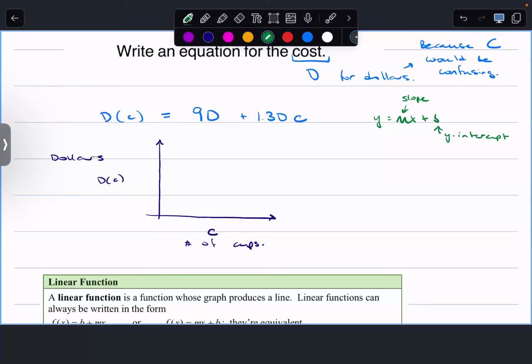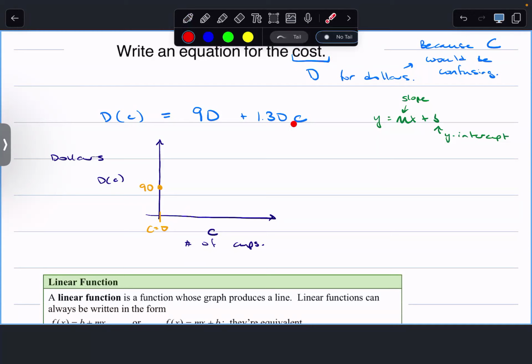So if we want to graph this, then the cost, let's put 90 here, would look like this. It'd start at 90 at c equals 0. And then for each additional cup, it increases by $1.30. You could do 1 cup, but how about we do 10 cups because it gives us a nicer number, right?